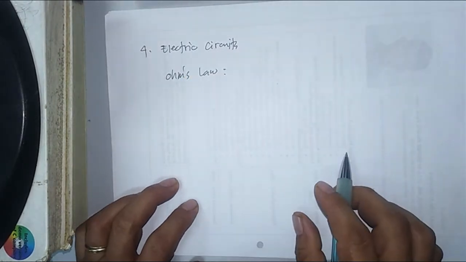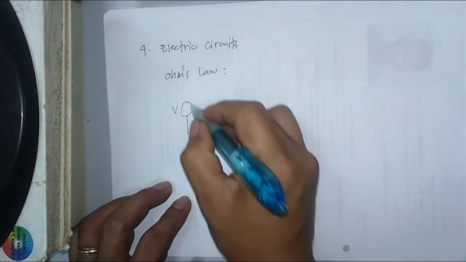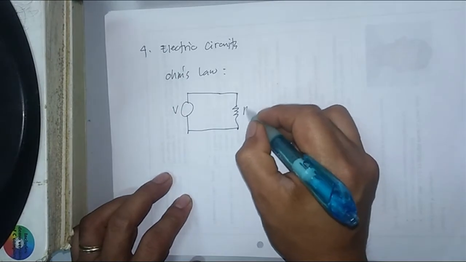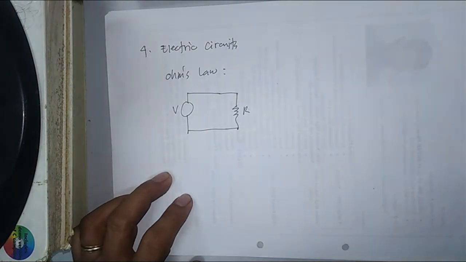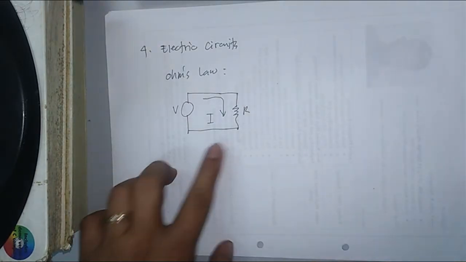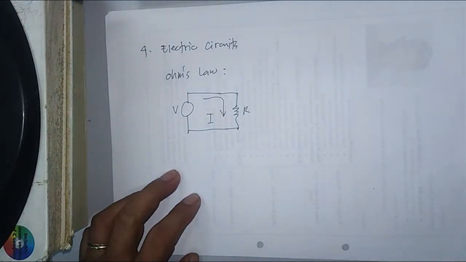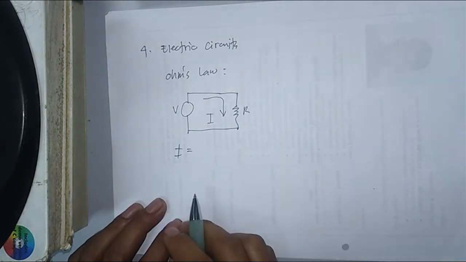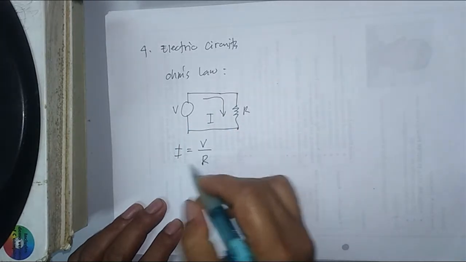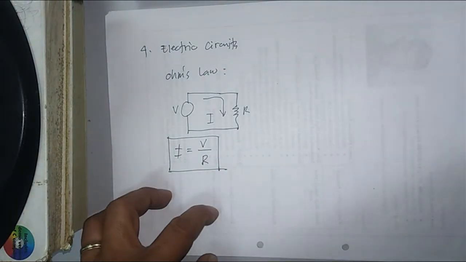If you can still recall, in Ohm's law, if you have a voltage source and the resistance of the wire, we can solve for the current flowing through the value of R. The current flowing in the circuit is simply the voltage divided by your resistance. That is Ohm's law.